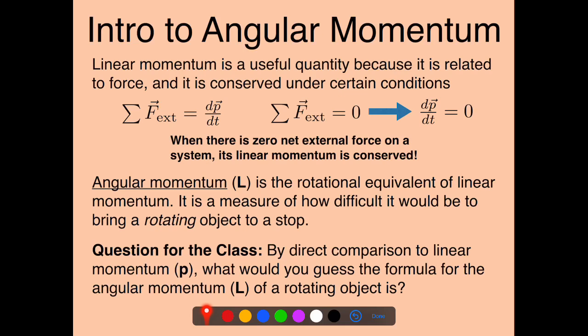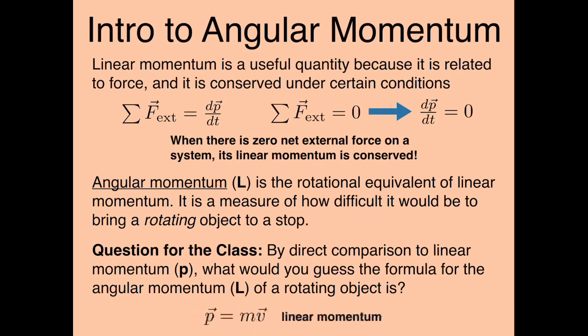In other words, when you don't have any external force acting on the system, the linear momentum, p, is not changing over time. In other words, it's conserved. So this is where the whole idea of conservation of linear momentum comes from.